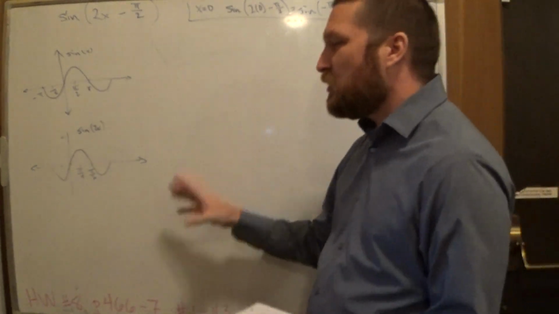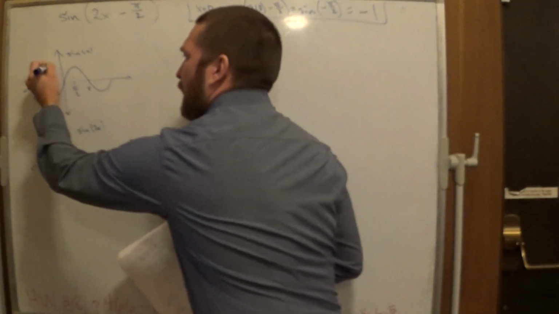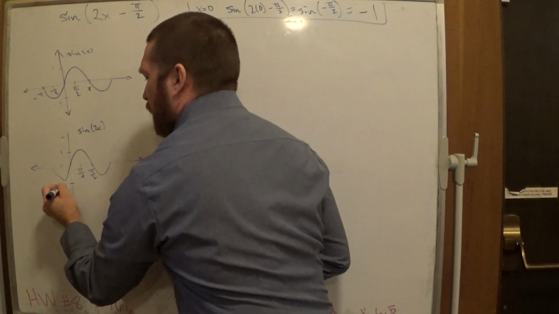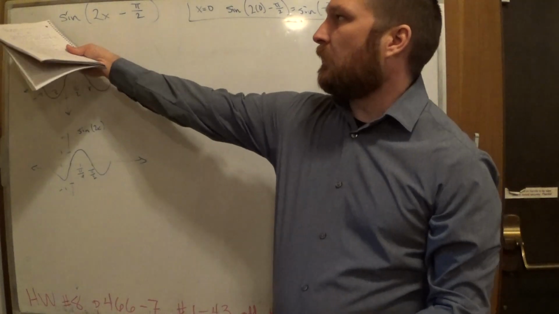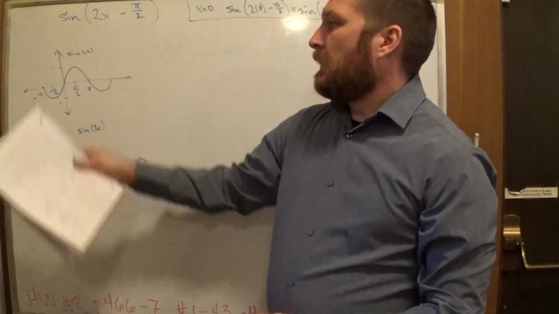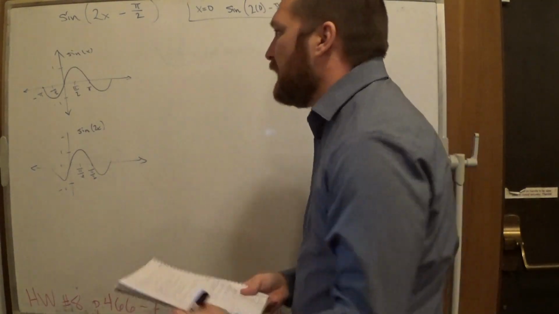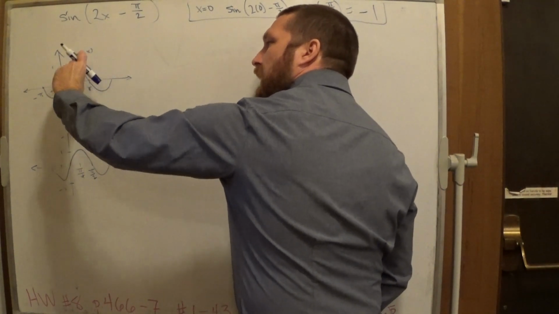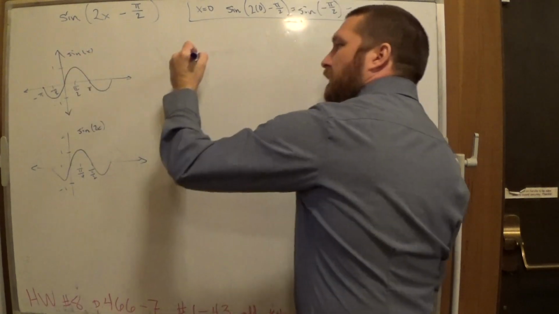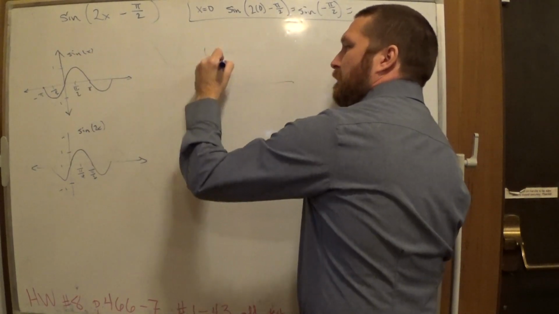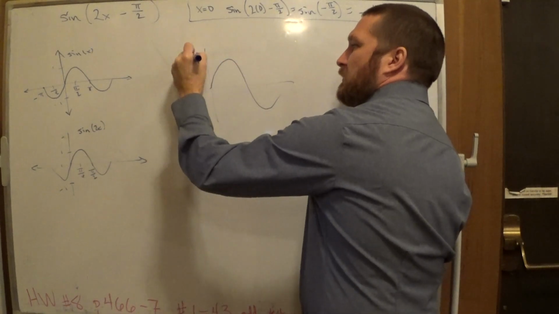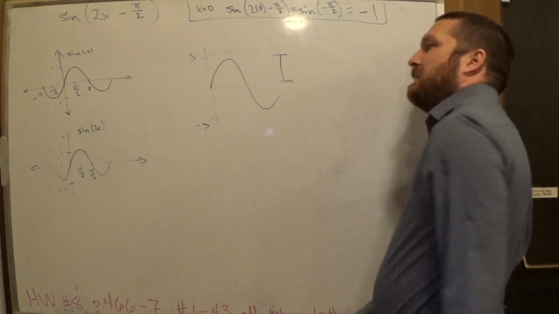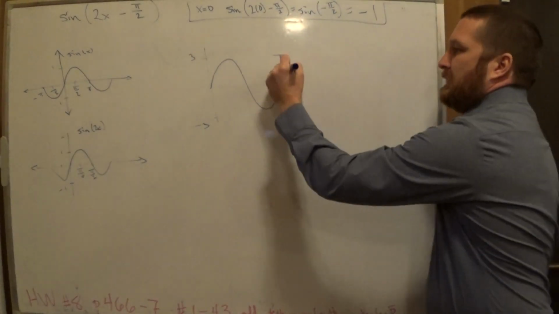There are a lot of different ways you can think about this. But one thing that's going to be important is that you probably want to keep track of these as you go, because in this case we're not multiplying this by anything. So I'm going to introduce this right now: its amplitude is 1. With all of the trig functions, they go up to some max and they have some min. Let's say it goes up to 3 and down to negative 3. Then its amplitude is that distance right there.